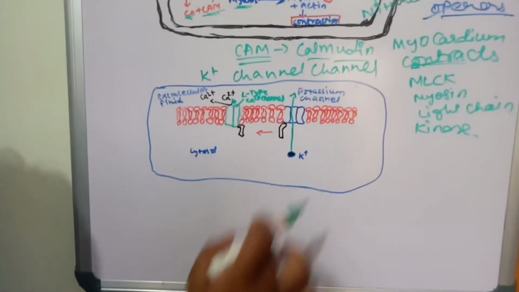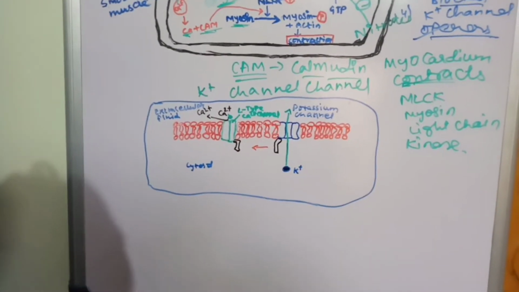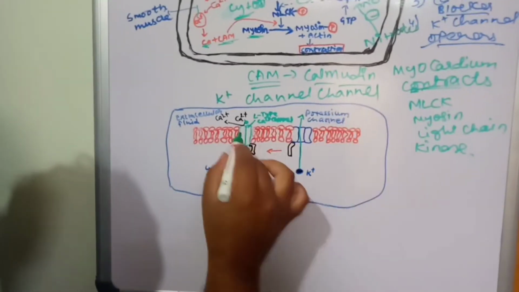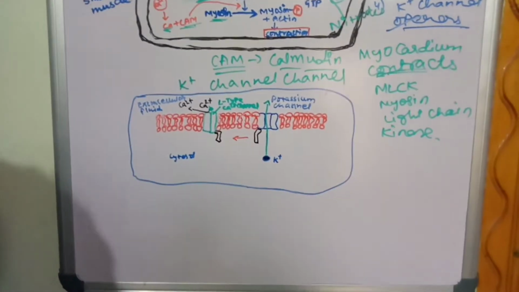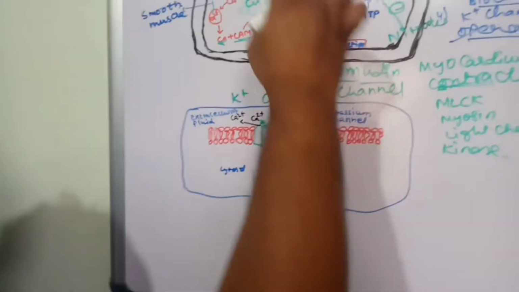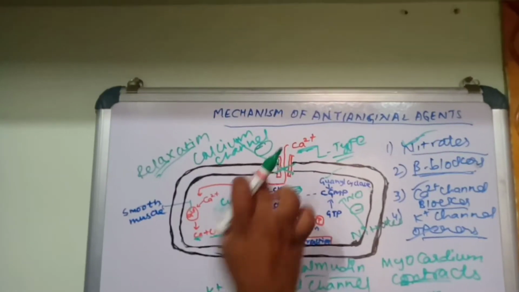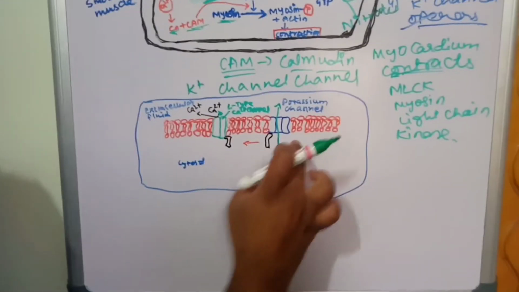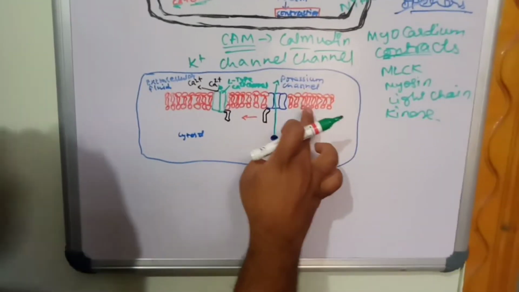Membrane means lipid bilayers are there. One is the potassium channel, and the other is the L type calcium channel. Beside the calcium channel, you can see the potassium channel.